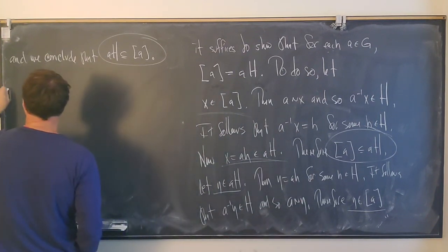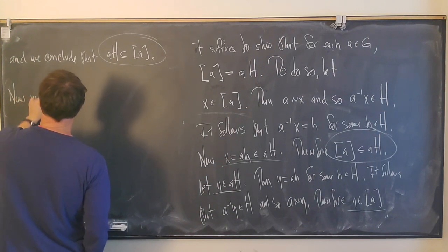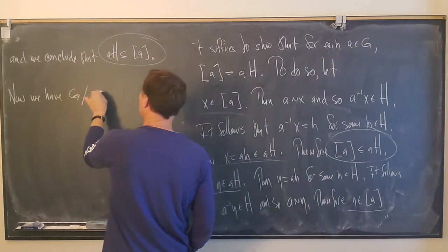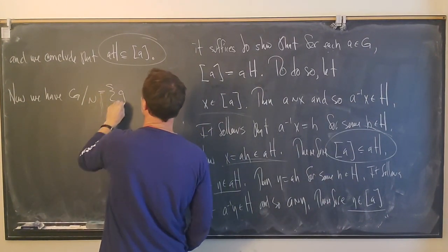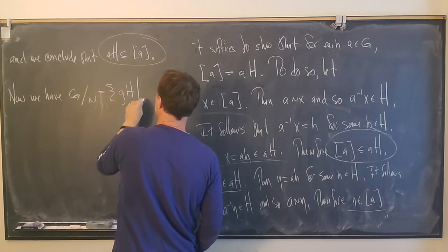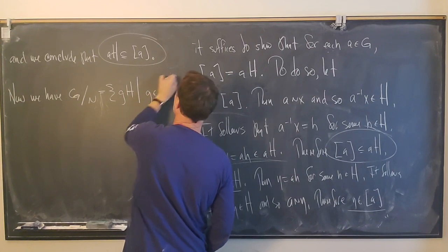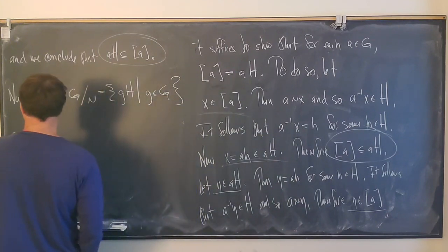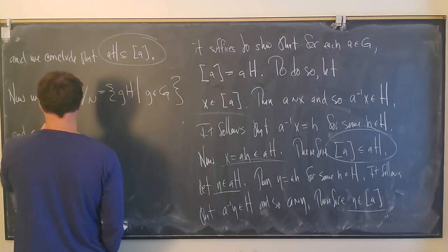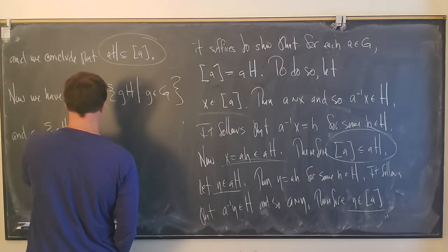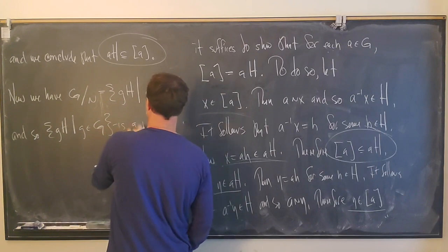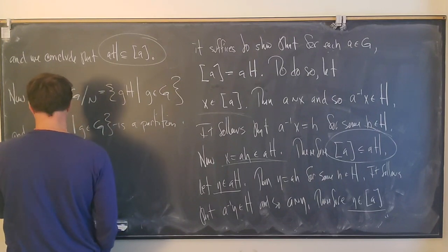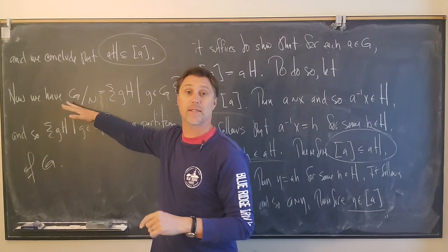So now we have that G mod tilde, the set of equivalence classes, is equal to the set of cosets, little g times capital H, where little g runs through all of capital G. And so the set of left cosets is a partition of G, and the reason is because the set of equivalence classes is a partition of G.